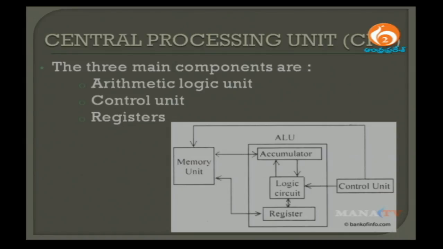So always remember the only three components of the CPU, because these three parts run the CPU, and without these three things you can never control anything in the computer.